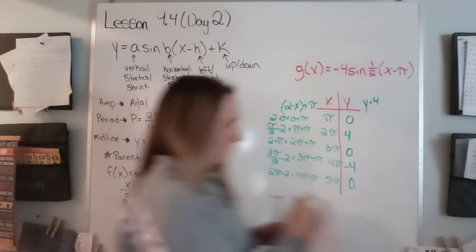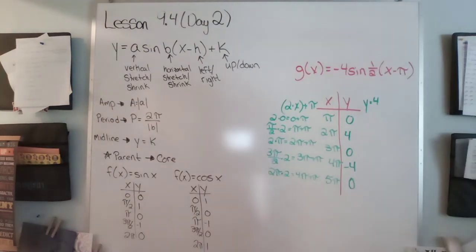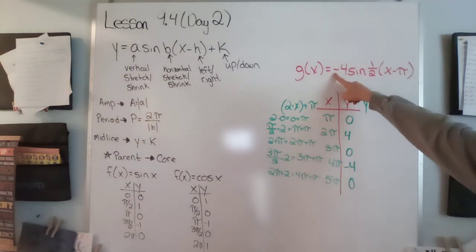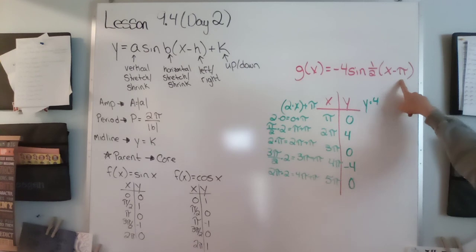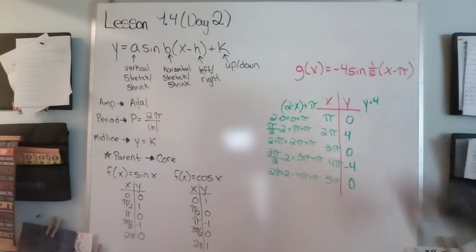Okay. I think for the last one, I may have forgotten to talk about amplitude and periods. Let's make sure to do it here. So again, it's a reflection in the x, a vertical stretch by 4, a horizontal stretch by 2, and right by pi. You're adding pi, right by pi.